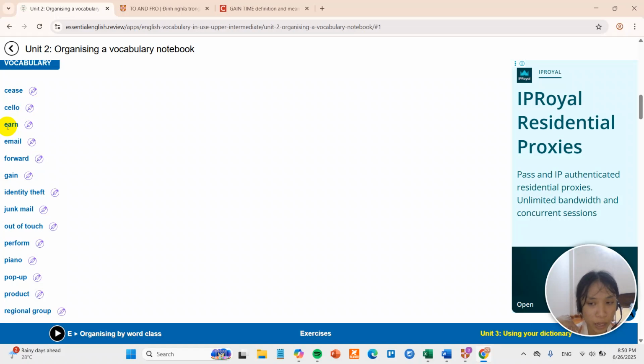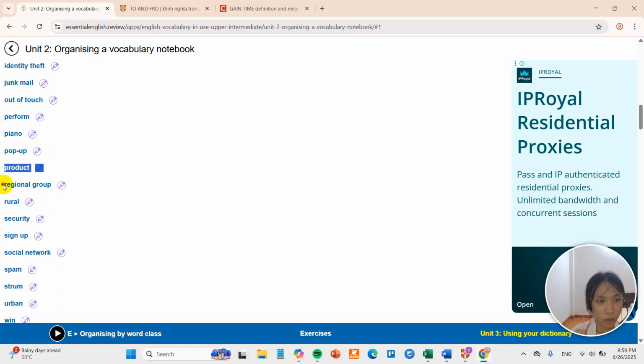Junk mail. Out of touch. It means that you do not have recent knowledge. You're out of touch with this world. Perform. Piano. Pop-up is something that is small and it suddenly appears on the screen, and it could distract you.